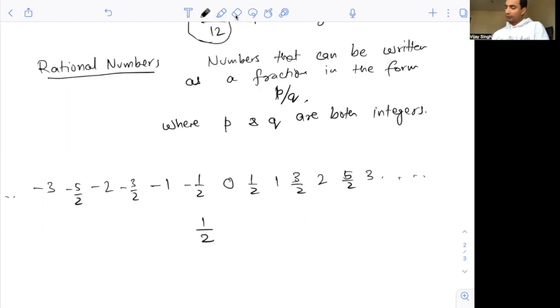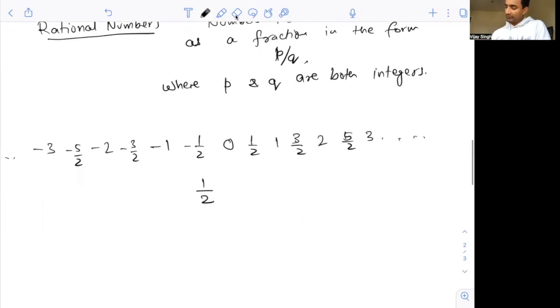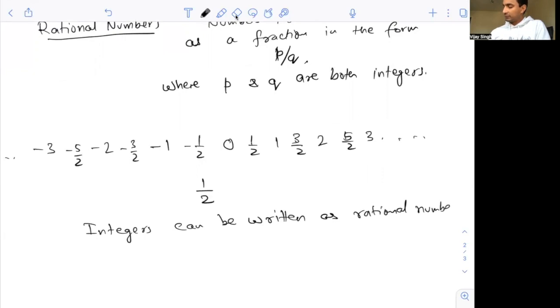By the way, you should also realize that all the integers can also be written as rational numbers.